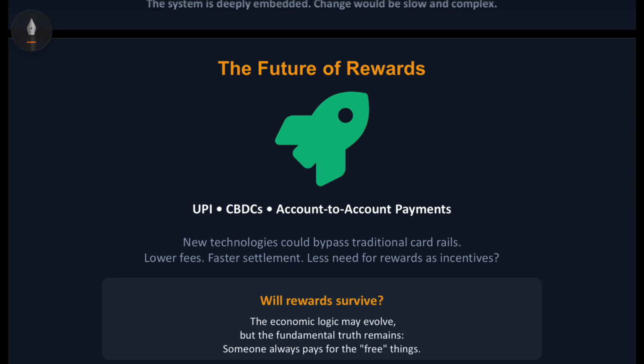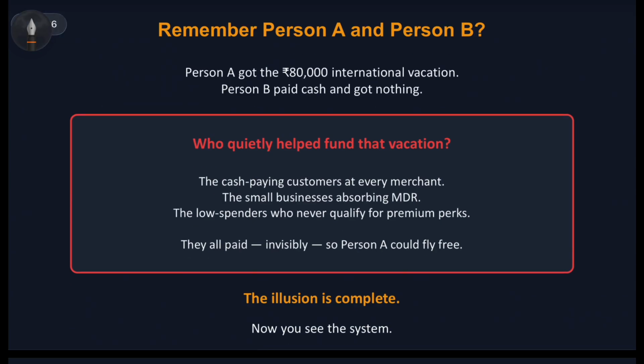New technologies could definitely bypass the traditional card rails with lower fees, faster settlement, and less need for rewards as an incentive. Will the reward survive? The economic logic may evolve, but the fundamental truth remains the same. As long as someone is okay being exploited and someone is paying the fee, someone is getting trapped, you will always have someone to pay for your vacations, right?